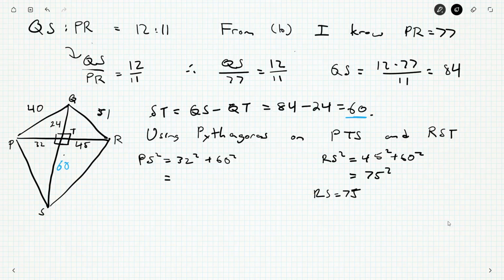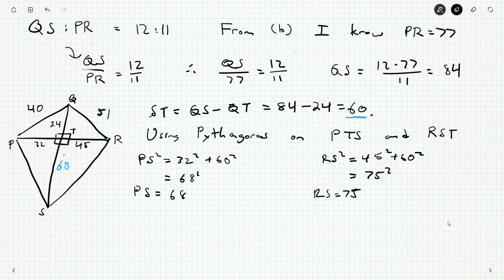So we want 17 times 4, which is 68. So PS is equal to 68. And again, if you're worried, double check. I'm just going to double check the 32 plus 60 times 60. Yeah, 68. Okay.